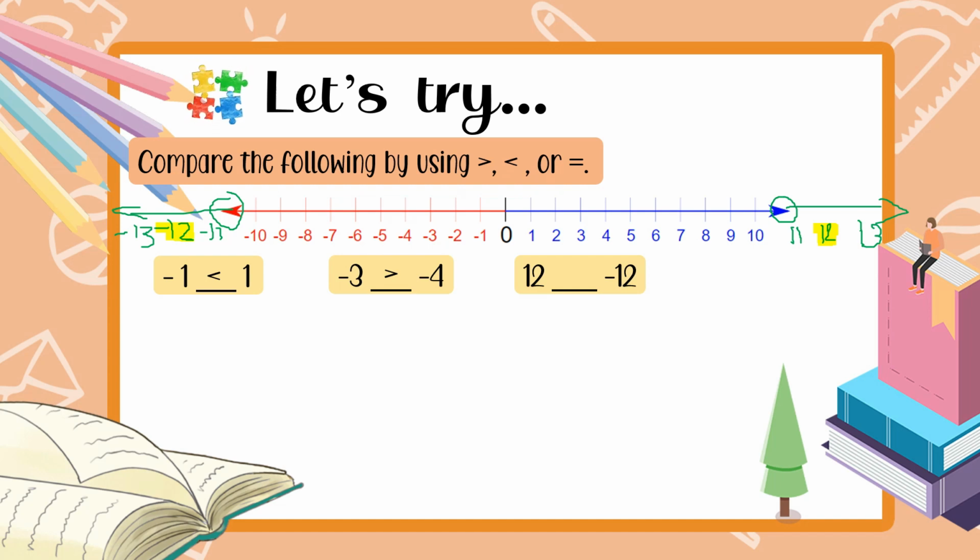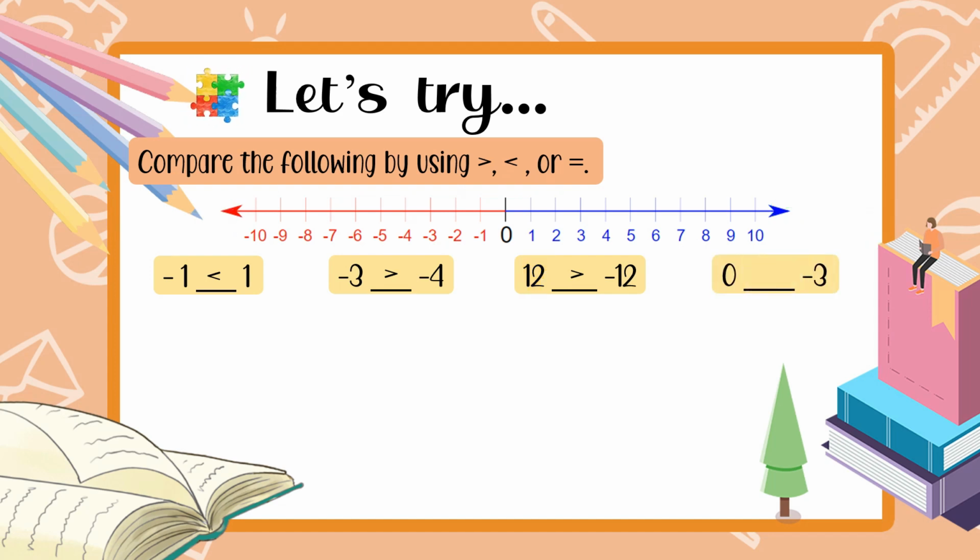Okay, since si positive 12 ay makikita natin on the right side ng ating negative 12, therefore, mas malaki ang value ni positive 12. So, ang sign natin, or ang symbol natin, nakabuka kay positive 12. Positive 12 is greater than negative 12.